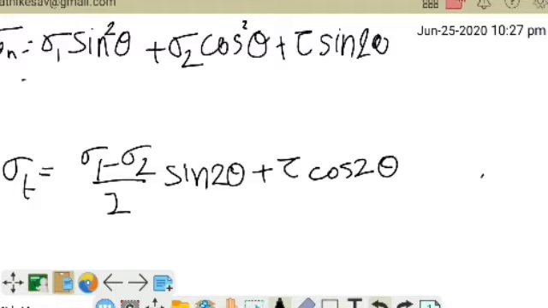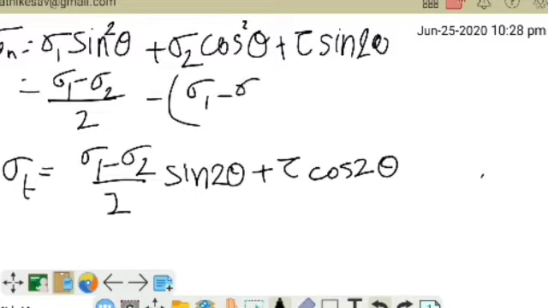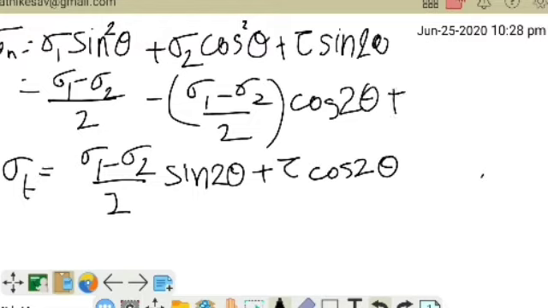Now this can also be written as, if sin square theta is 1 minus cos 2 theta by 2 and cos square theta is 1 plus cos 2 theta by 2, then sigma n is sigma 1 plus sigma 2 by 2 minus sigma 1 minus sigma 2 by 2 cos 2 theta plus tau sin 2 theta.